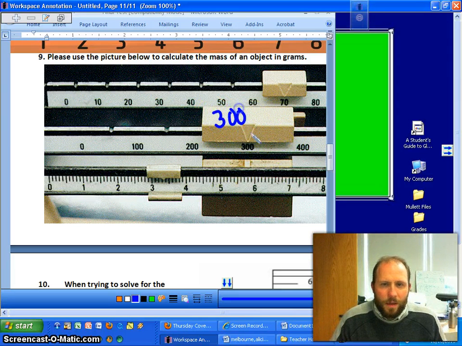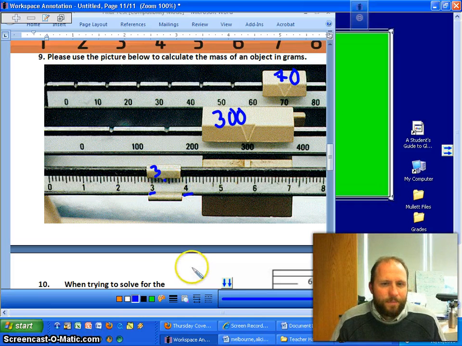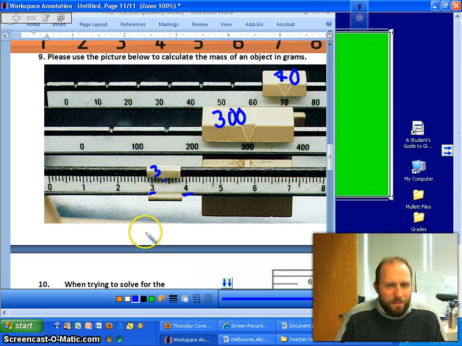300. How about the tens? Nice. Excellent. 70. And how about the ones? Well, is it 3 or is it 4? Definitely 3. However, the point is right here, and that point is kind of right in the middle, between 0.3 and 0.4.